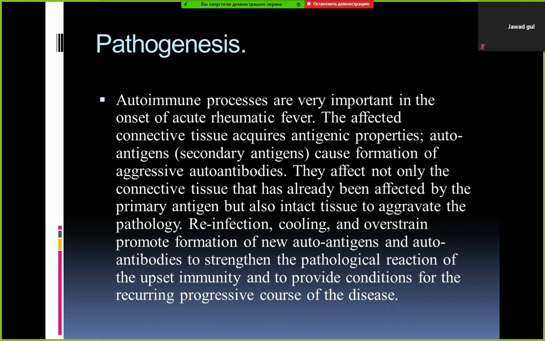Reinfection, cooling, and overstrain promote formation of new autoantigens and autoantibodies to strengthen the pathological reaction of the upset immunity and to provide conditions for the recurring progressive course of the disease.